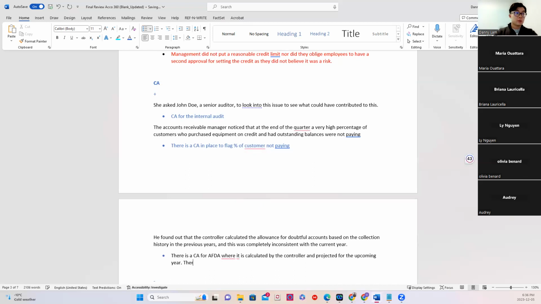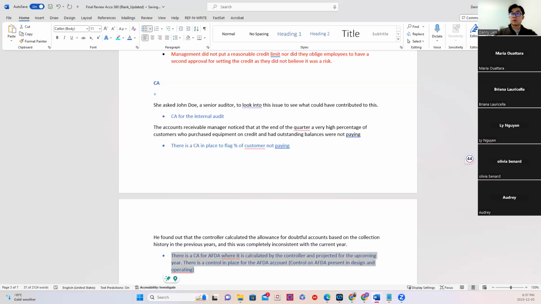So yeah, there is a control in place for the AFDA account, and then here you could say control on AFDA present in design and operating, right, guys? Operating. Right.